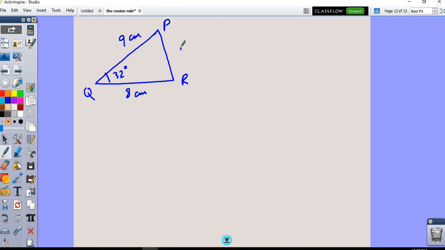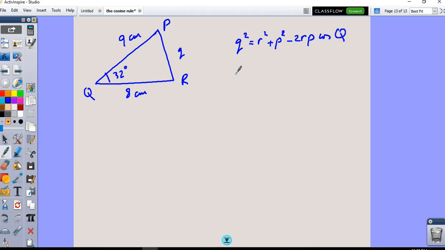Now this side is little q. So what is the formulation that we need? We need q squared is equal to r squared plus p squared minus 2rp cosine capital Q.